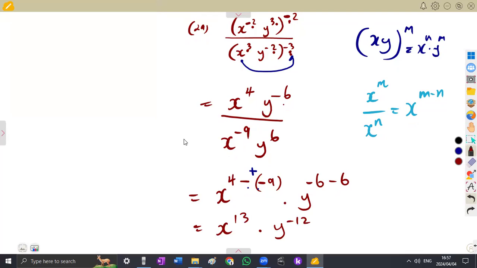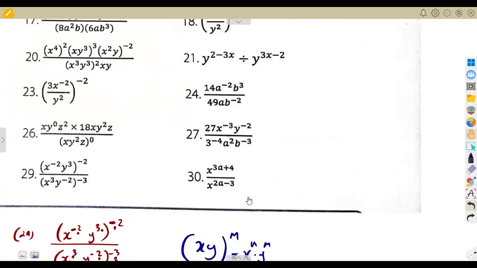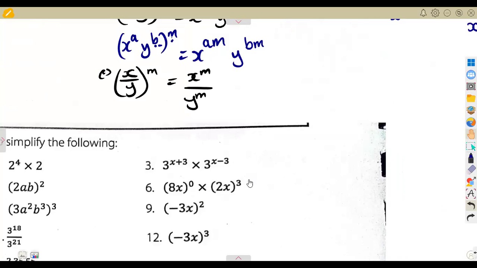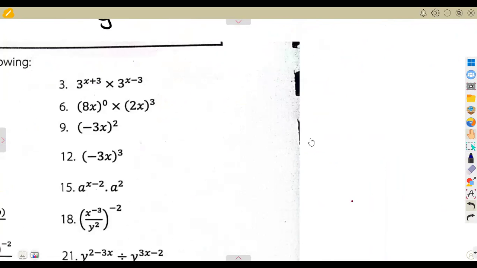But if we are to consider this, we are not supposed to have our answers with negative exponents. So we are supposed to use our laws. Remember, I said before that if a number is being raised to a negative exponent, we can remove the negative exponent by writing this as 1 over with a positive exponent. So just to remove a negative, you write this as 1 over what you are given there.